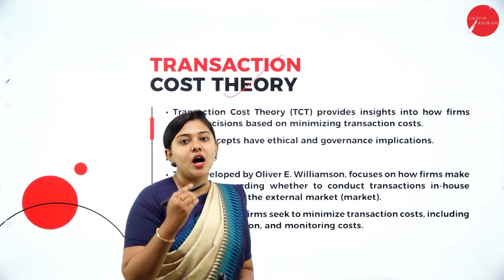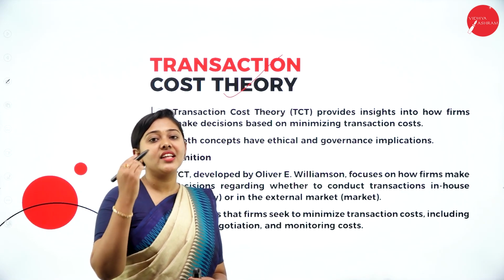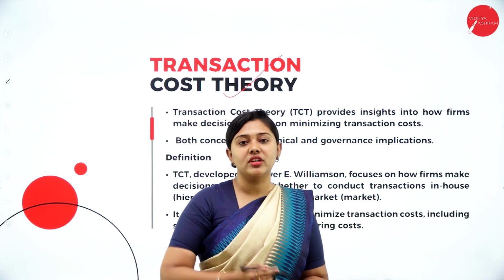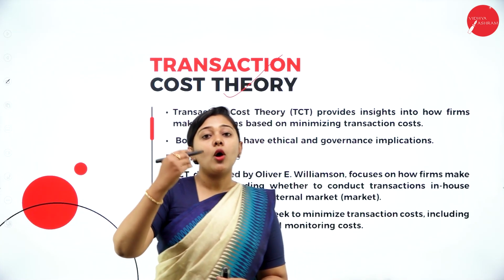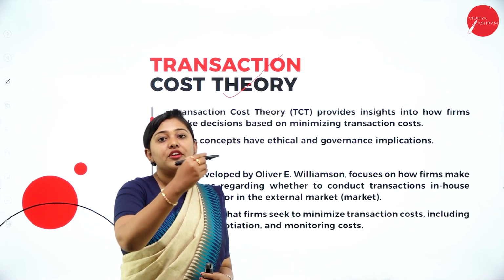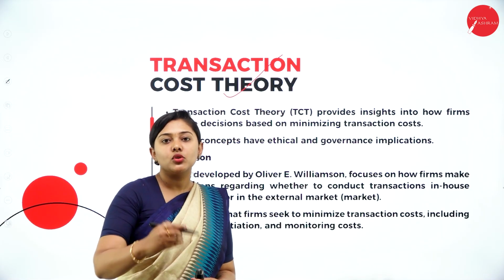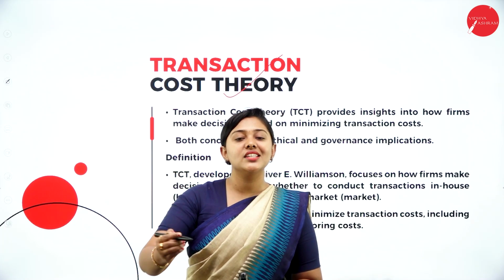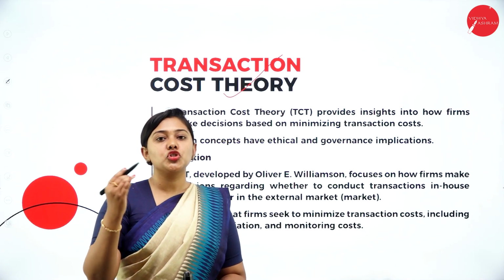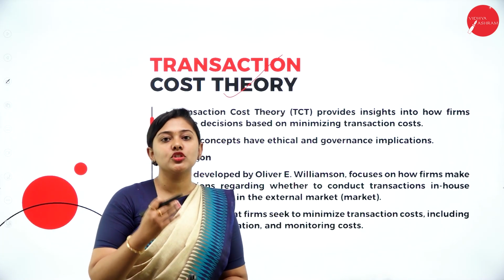For example, a person owns a company, so he gets a director to run his own company. So here transaction cost will occur. So you outsource the work from different places. So transaction cost occurs.